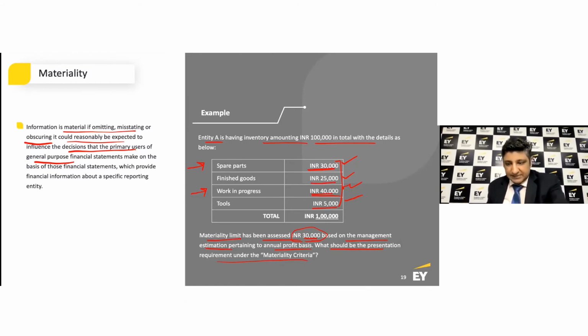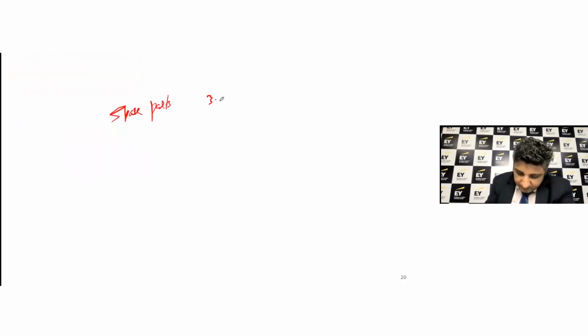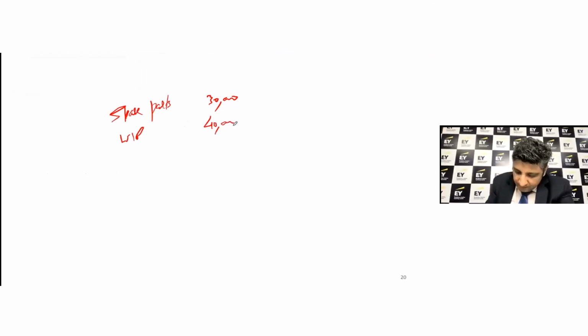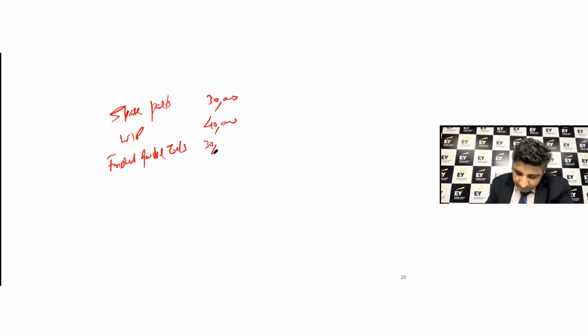So in this case, I might be wiser to say my spare parts to the extent of 30, let's bring that as a separate category. My work in progress, which is 40, and my finished goods and tools, for example, which is 25 plus 5, which is 30.